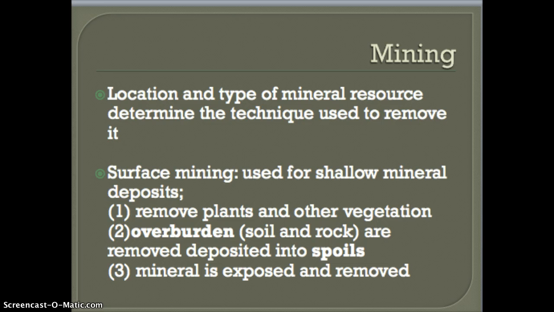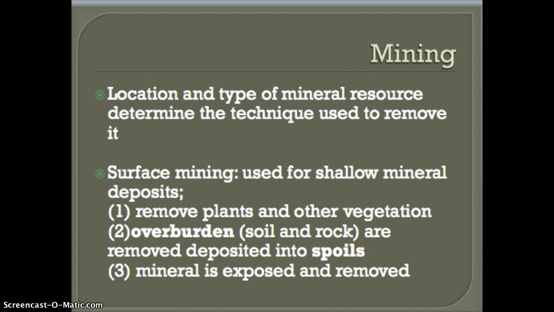Surface mining would be if the material is at a shallow level. The basic steps are to go in, bulldoze and remove all the plants and vegetation, trees, whatever there might be. You then remove what's called the overburden, an important word for you to know, overburden, and that's all the soil and rock that are above the mineral that you want to get, and they're deposited into an area known as a spoil.